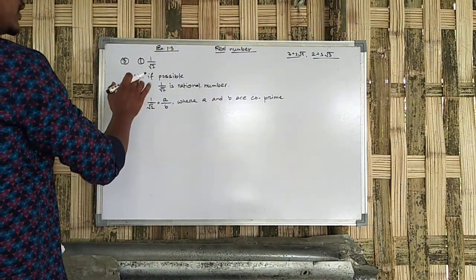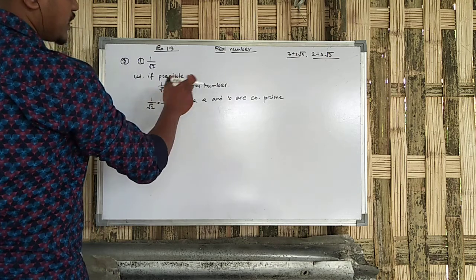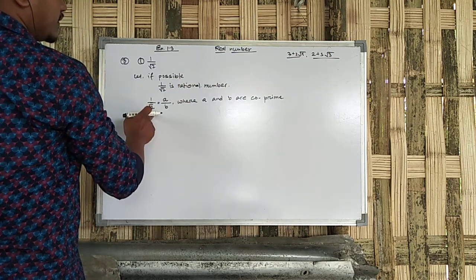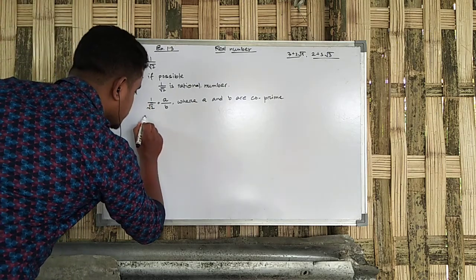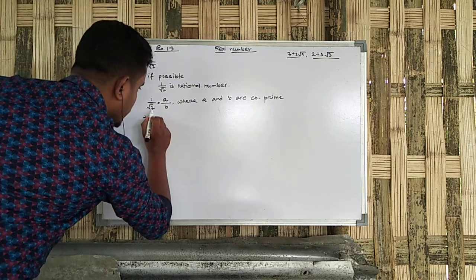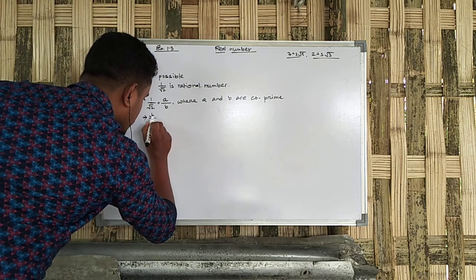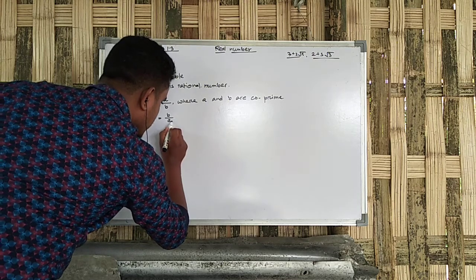So let, if possible, 1 by root 2 be a rational number. Now if this is a rational number, then we can express it in the form of a by b, where a and b are co-prime. Now 1 by root 2 equals a by b, then we can write root 2 by 1 is equal to b by a.